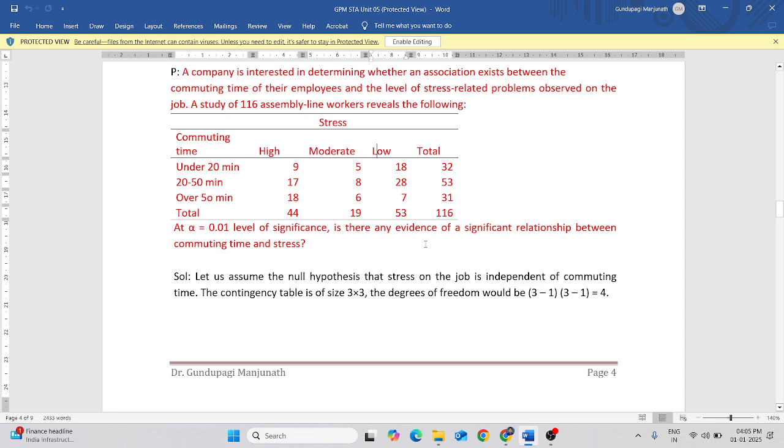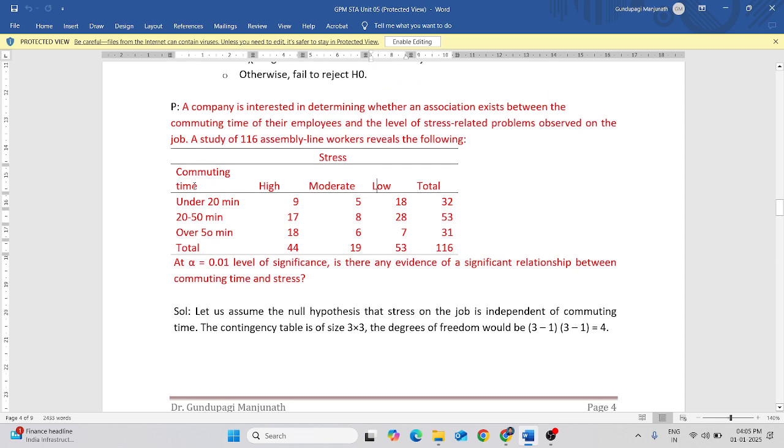So here, why are we calling this a 3 by 3 table? See here, this is the first column, second column, third column, and first row, second row, and third row. So 3 columns and 3 rows, so I can say it is 3 by 3.